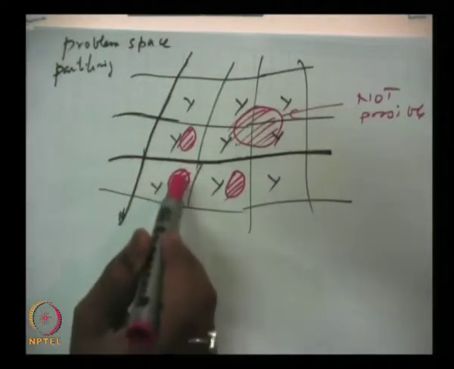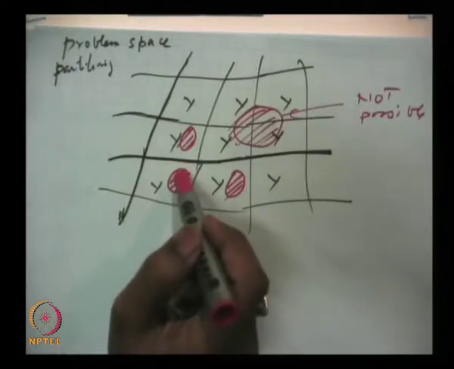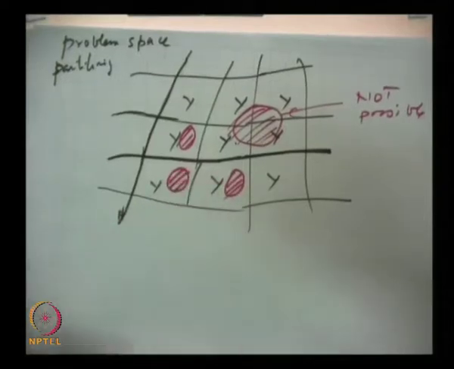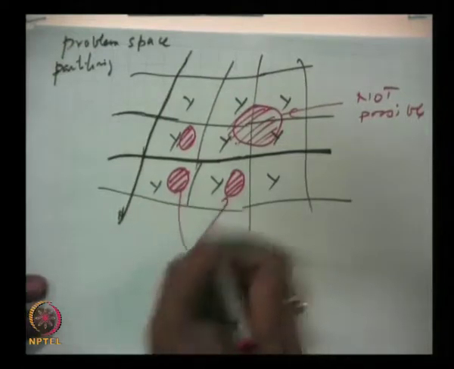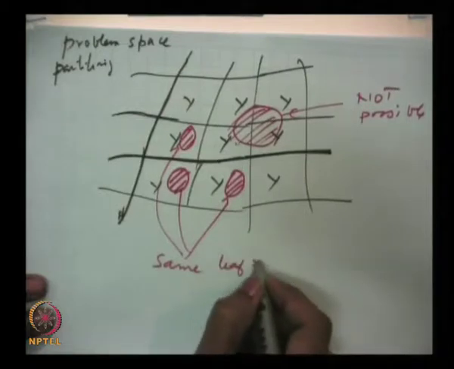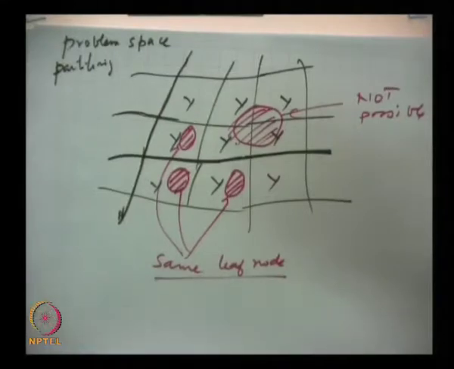So, from what we have observed till now, it has to be completely contained within this region. Perhaps they all belong to the same leaf node, because all of them are yes answers. So, this is a plausible scenario. Now, what we will observe is that even this is not possible.